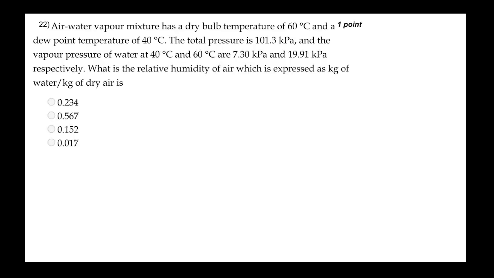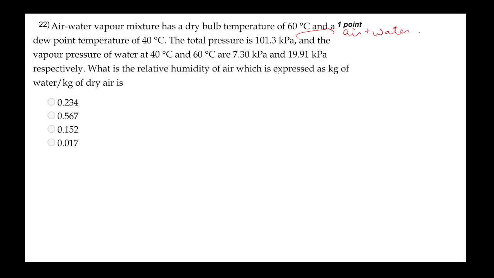Next question is, an air water vapor mixture has a dry bulb temperature of 60 degrees Celsius and a dew point temperature of 40 degrees Celsius. The total pressure is 101.3 kilopascal, which is the total pressure for air plus water.